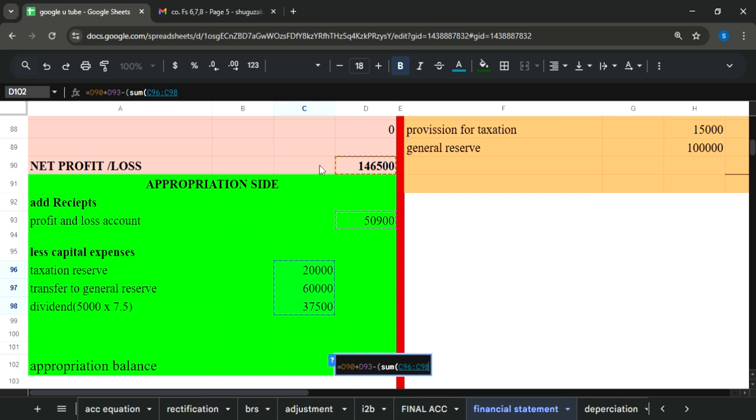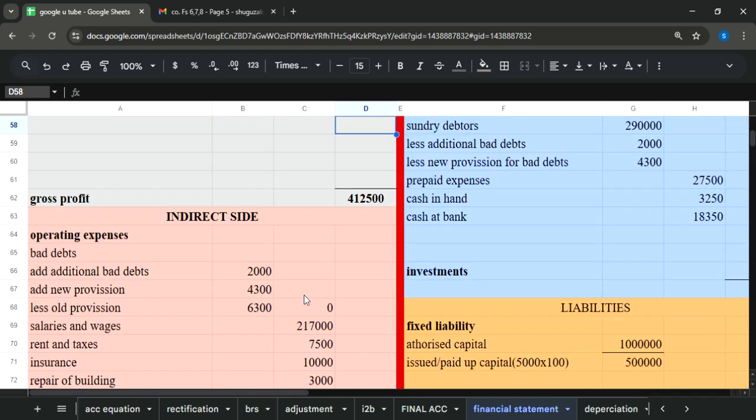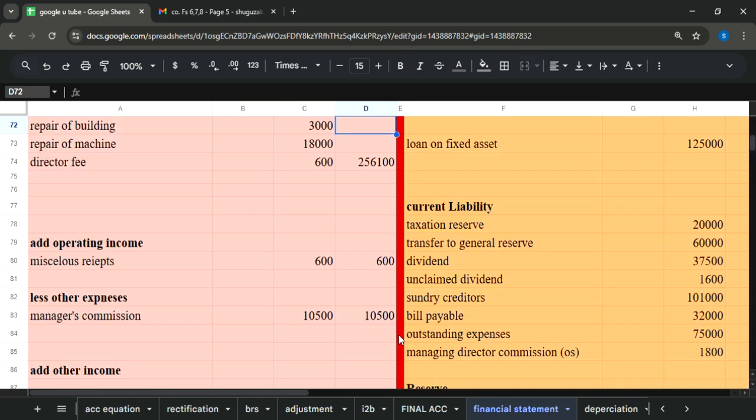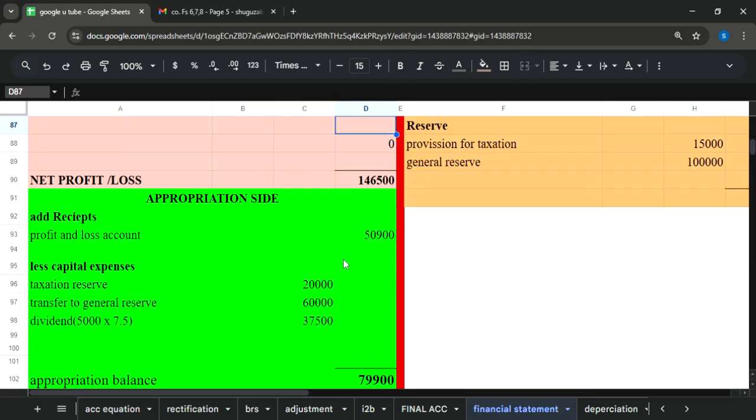So you take net profit, add profit and loss account and subtract all expenses. Finally, we have got 79900, while our answer available over here is also 79900. It means our appropriation side is also okay. So the left side is completed.